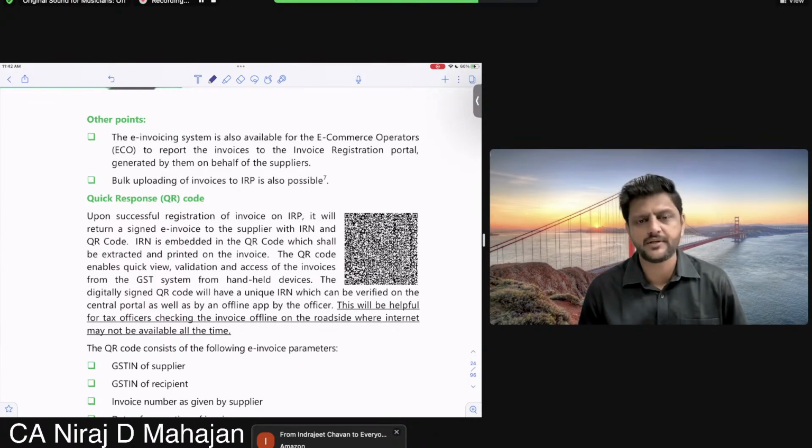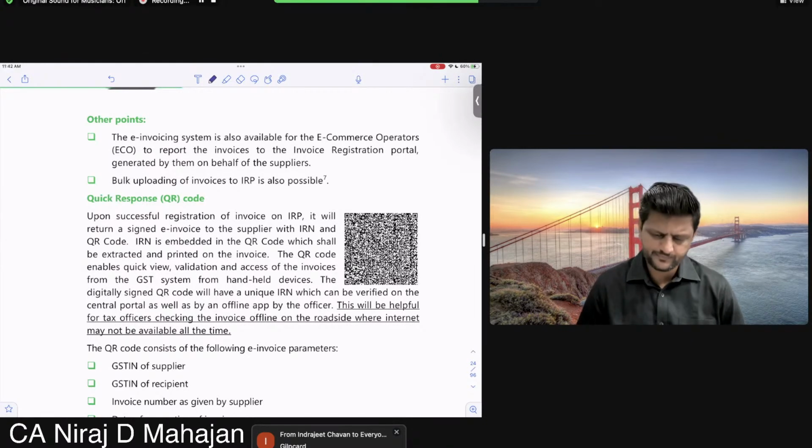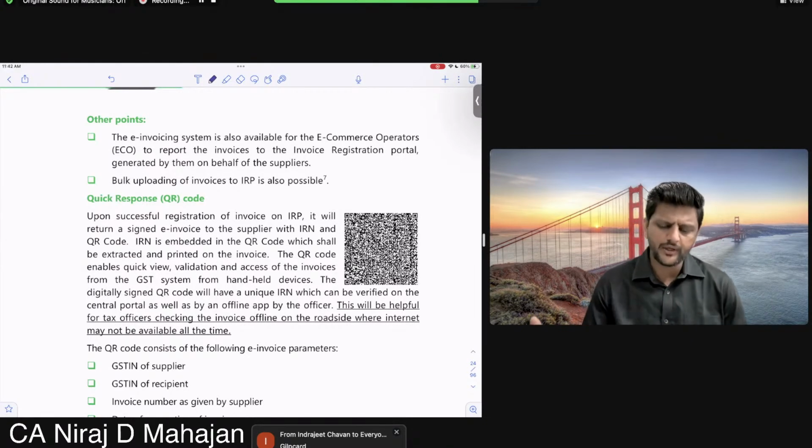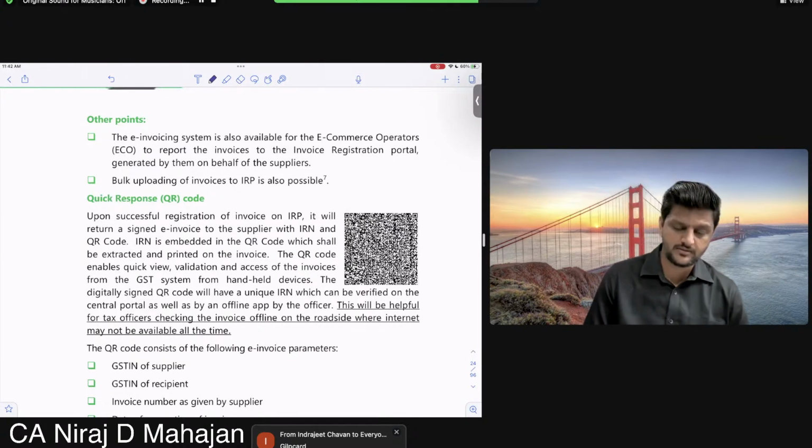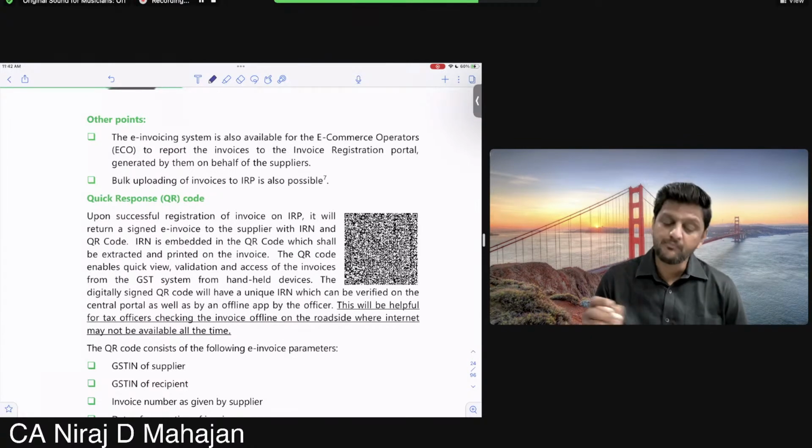Amazon, Flipkart, Snapdeal, everything. Correct. Makemytrip, Yatra.com, all of that, to report the invoices to the IRP portal, generated by them on behalf of the suppliers.